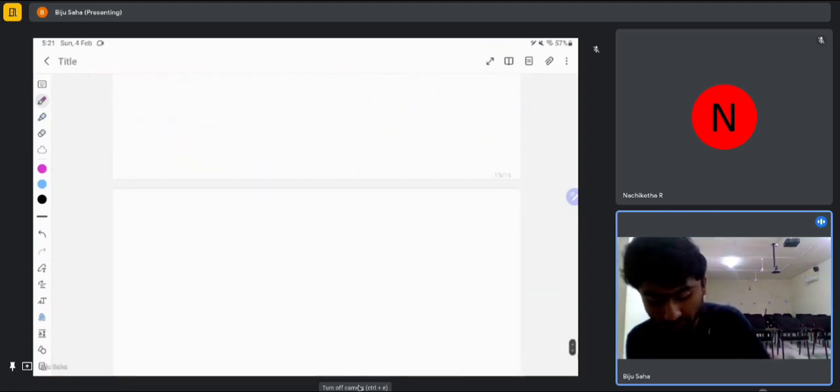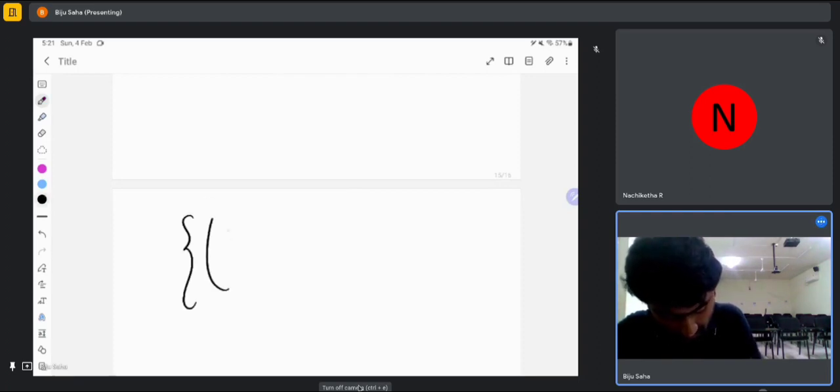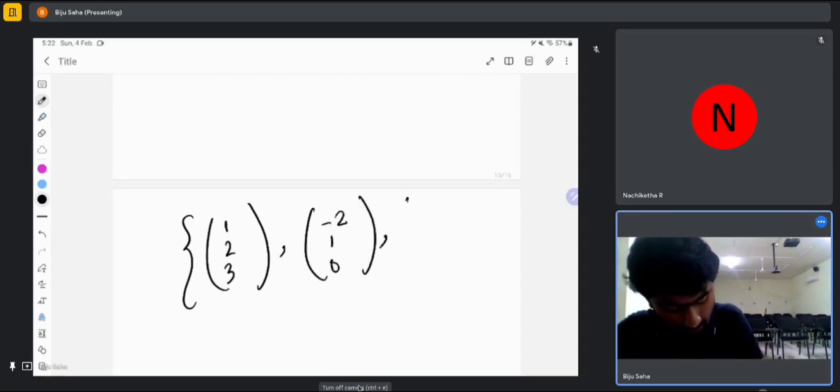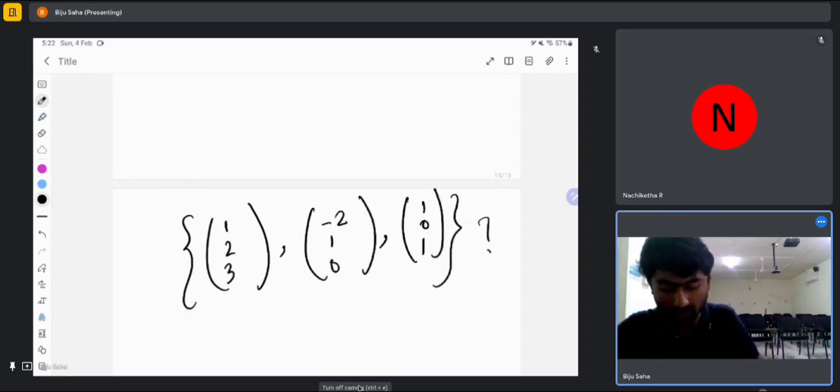So how do we prove whether those three elements form a basis of R cube or not?